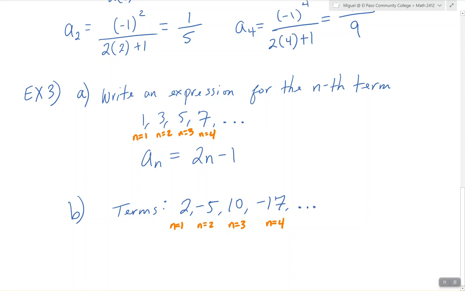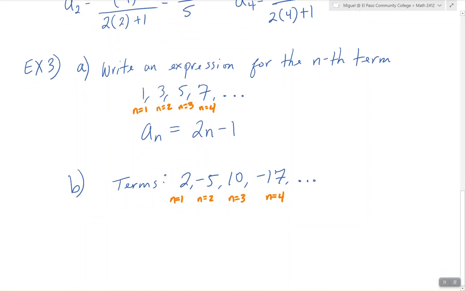If you notice, the signs are flipping, right, from one term to the next. Positive, negative, positive, negative. So that means for sure we're going to have some sort of negative 1 to a power as part of this.